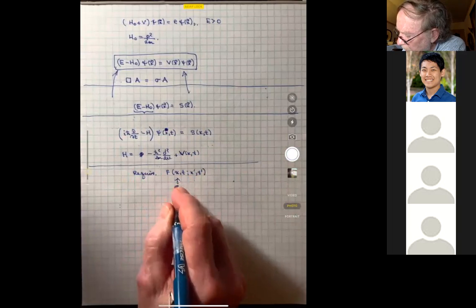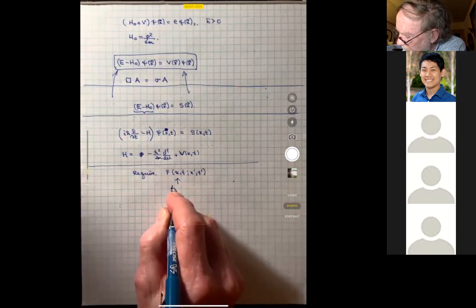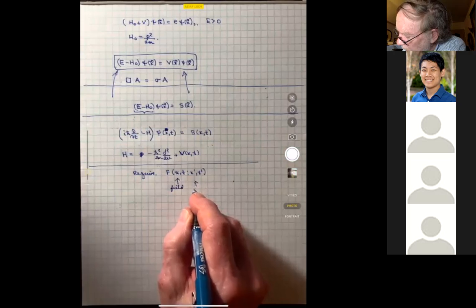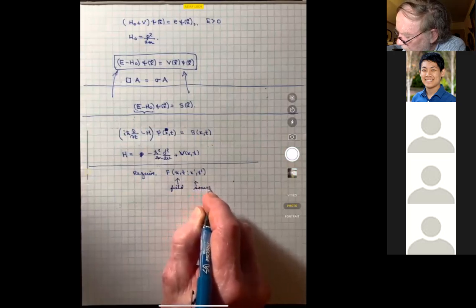As I explained before, the first set we'll think of as the field pair of space-time points, and the second pair we'll think of as the source.